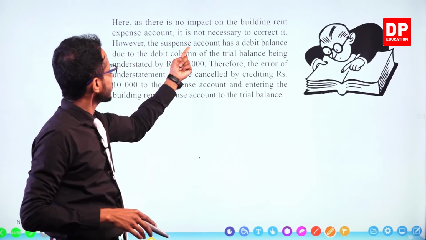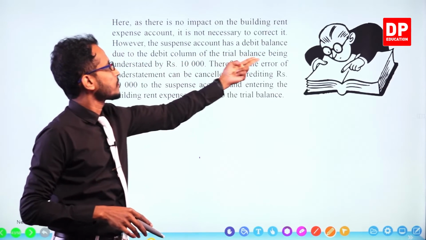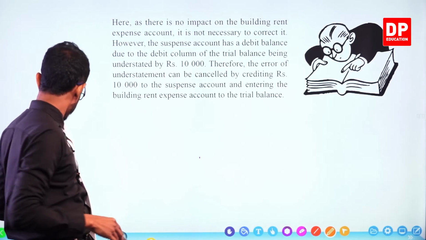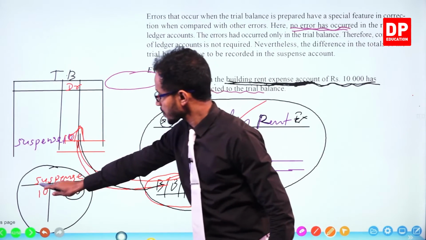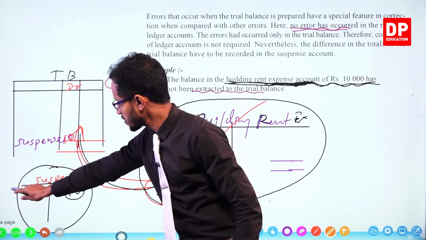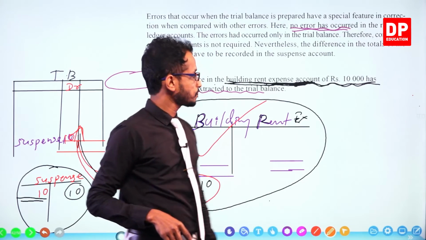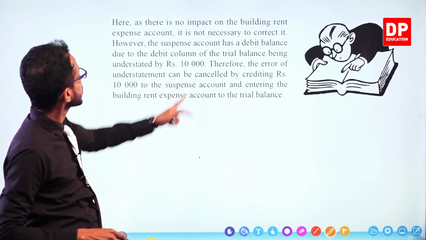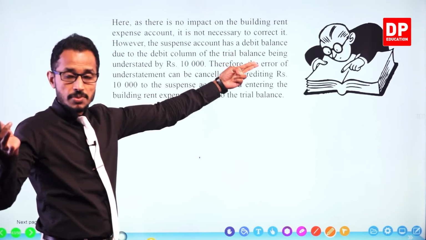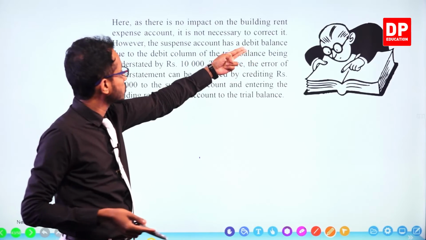However, the suspense account has a debit balance due to the debit column being understated. See, the suspense account has a debit balance. Why? Because the building rent expense debit balance was not taken to the trial balance.